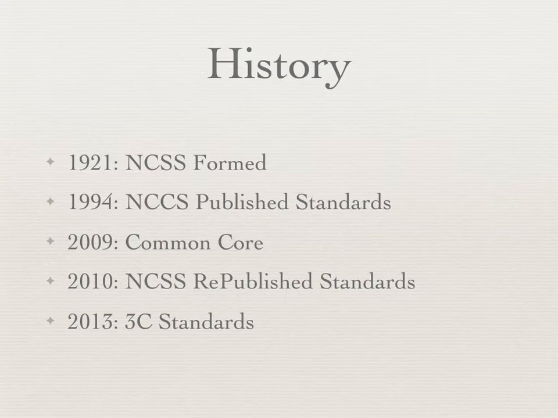And it was made for them to strengthen their social studies programs. The main purpose of these C3 standards was to enhance the rigor of the social studies disciplines. You will notice that sometimes you go in schools and social studies is if we have leftover time in the day, or we kind of read a social studies theme book, and so that's our social studies for the day. And so what we really wanted to do was enhance that rigor.